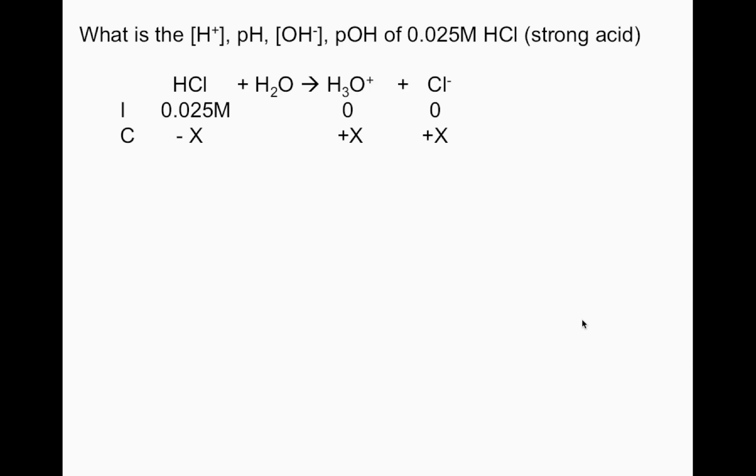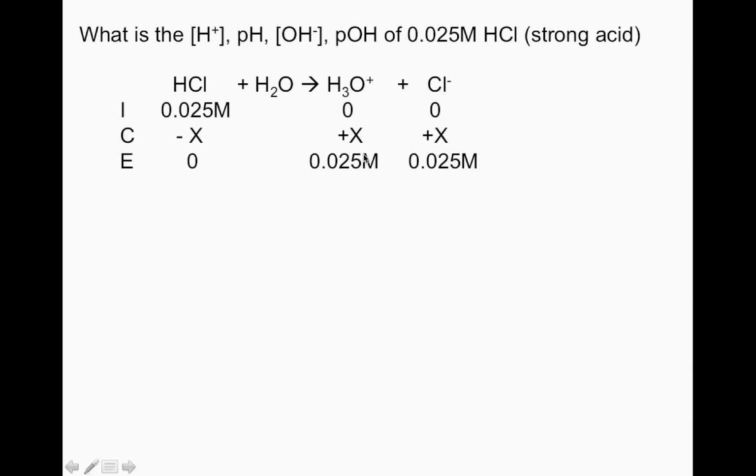My HCl will go down by X and my products will go up by X. At equilibrium, I have no HCl left, and you notice that my hydronium ion concentration is the same as what I started with. So you don't have to go through this all the time when you have a strong acid. If you had a weak acid, you'd have to go through this.